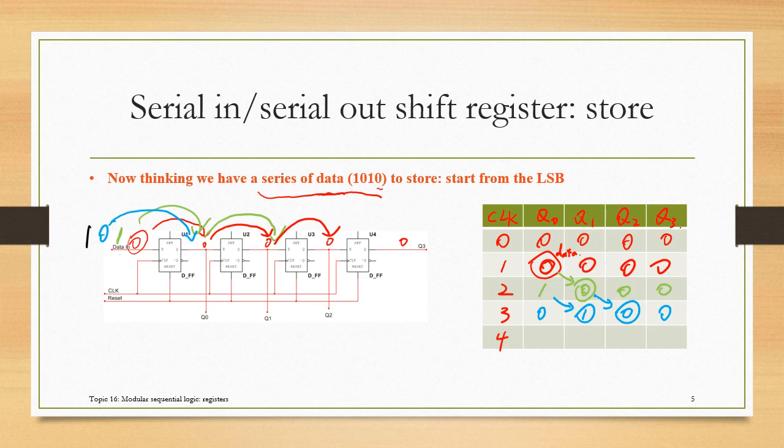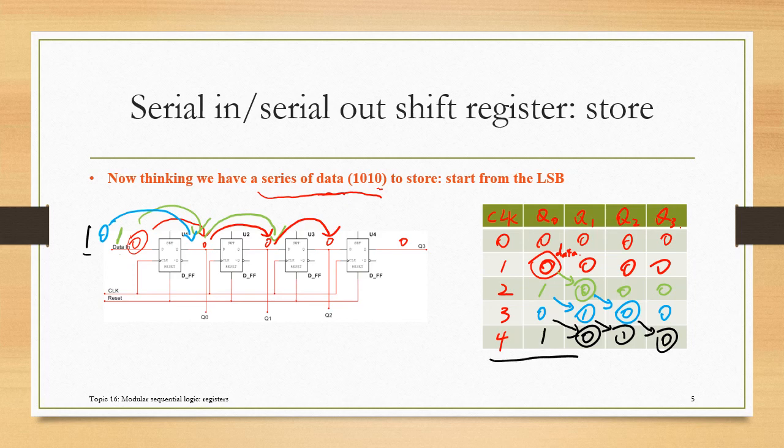Lastly, the fourth bit of the data is showing on the data line, and waiting for the clock rising edge. When the fourth rising edge comes, this 0 shifts here, 1 shifts here, this 0 shifts here. Finally, the last bit of data will be sent here, 1.